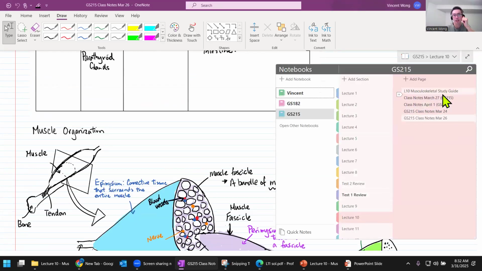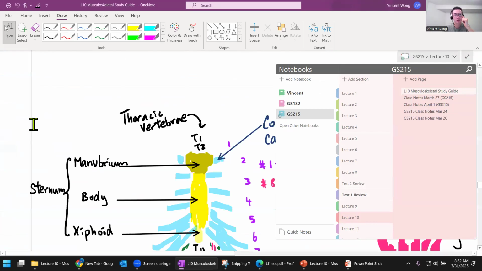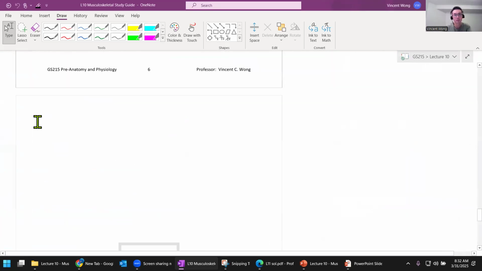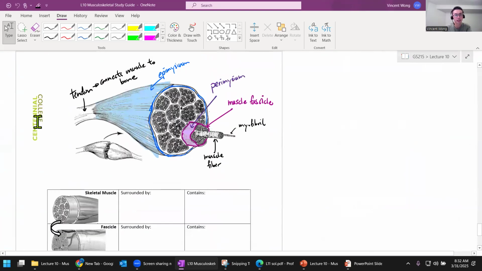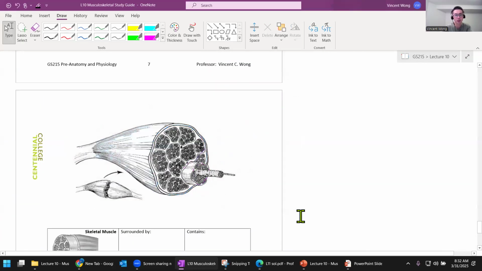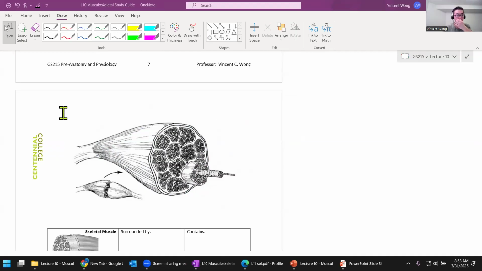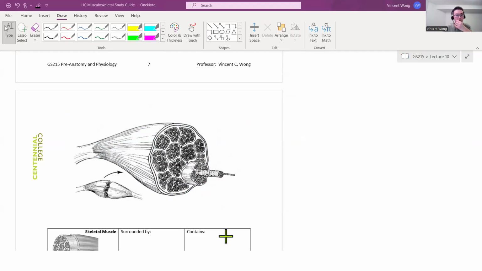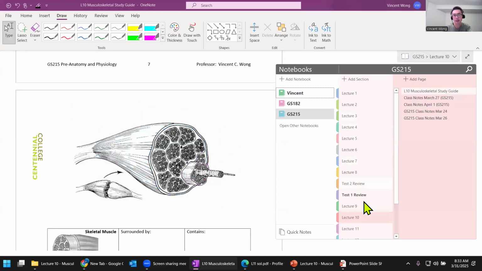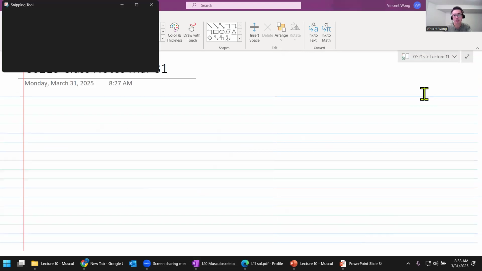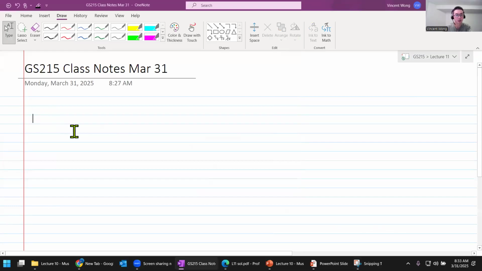So perhaps just take a moment to refresh our memory a little bit with the structures here. This is straight from your study guide. I'm going to go ahead and copy it over to refresh your memory of all the important terms.